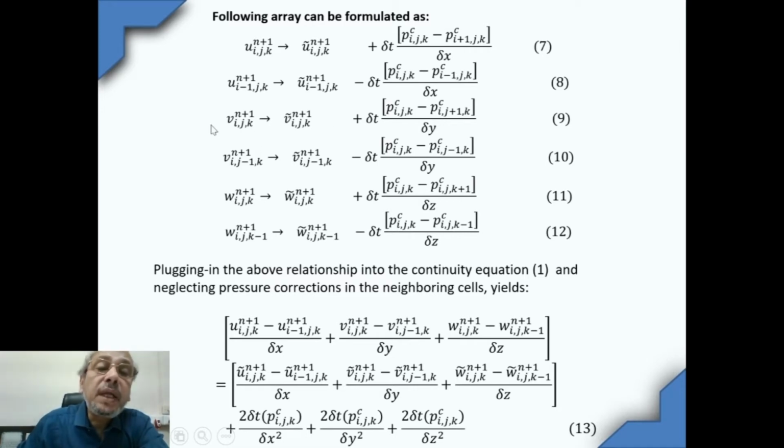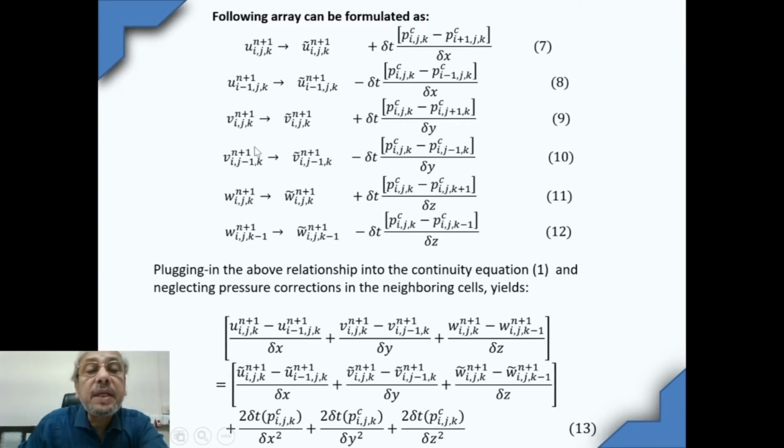Now we also look at the v velocity at the level n plus 1 and the provisionally advanced v velocity, and that should be corrected this way through the pressure correction terms.